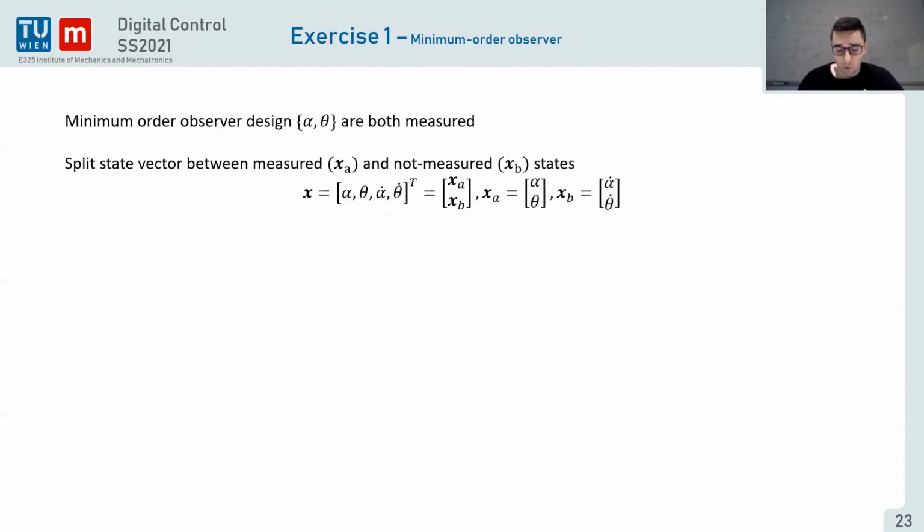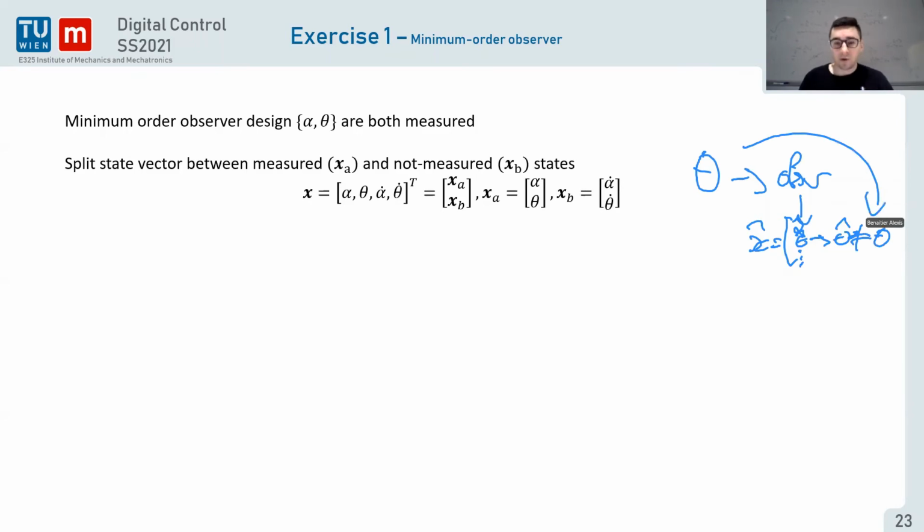Remember that last time, we were observing theta, then we had the observer, which gives x hat, like alpha hat, theta hat, and so on. And this theta hat is not necessarily equal to the measurement because the observer is estimating the states based on the measurement.